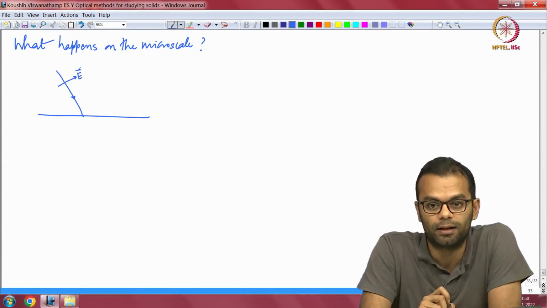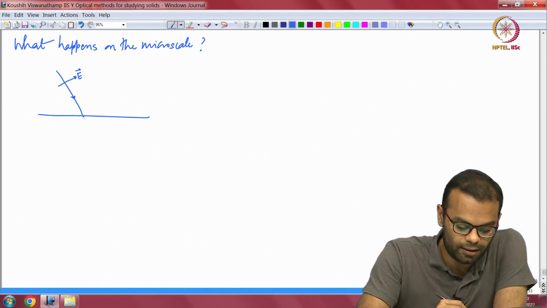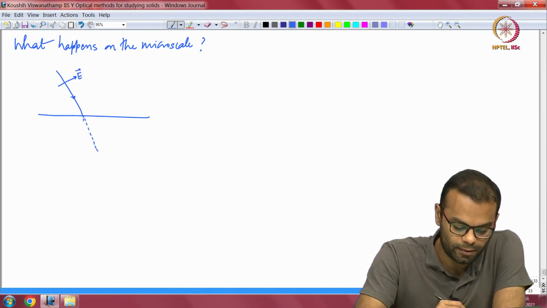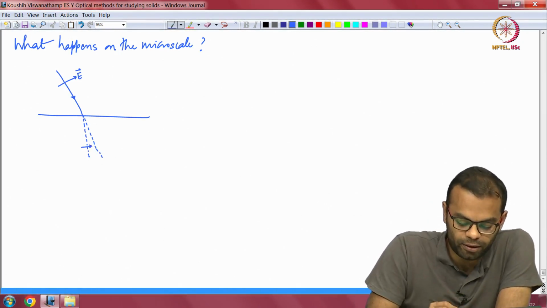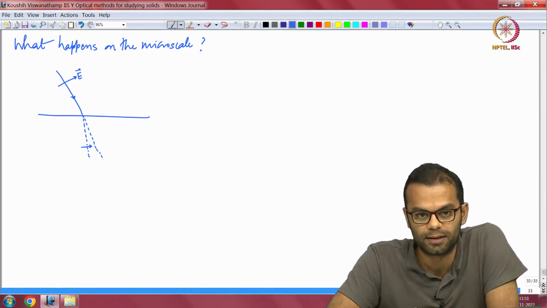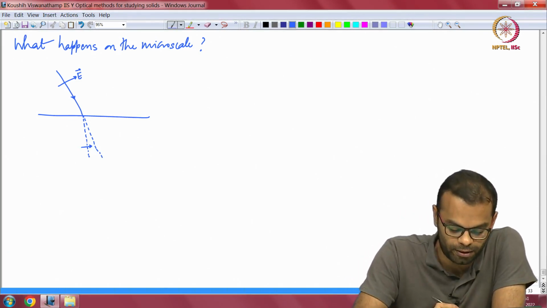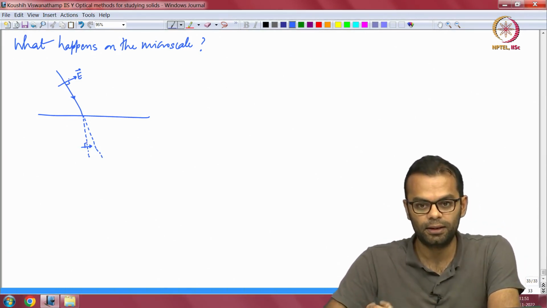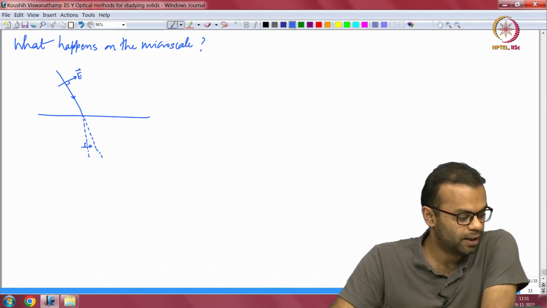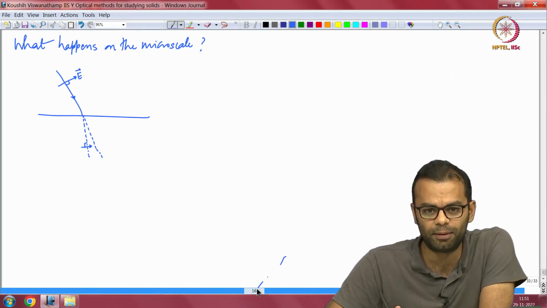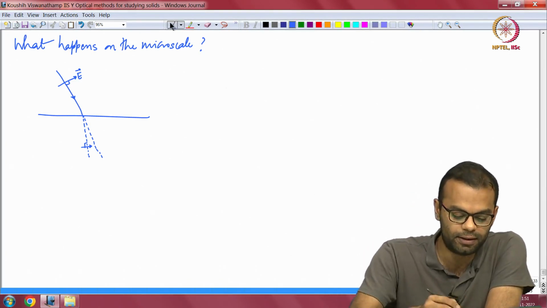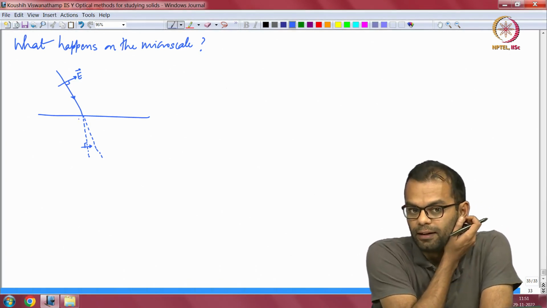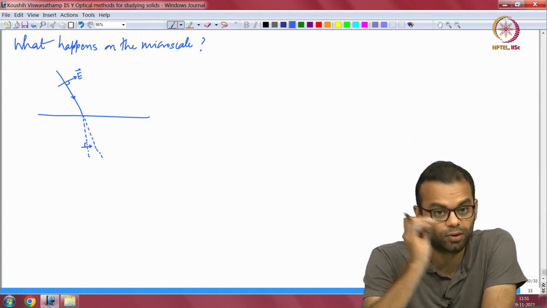So there is an E bar that comes like this, and there is a corresponding E bar perpendicular to the direction in which it travels in the glass. So this is again perpendicular to this, and this is again perpendicular to this. The E bar, remember, is always perpendicular to the direction of propagation. So you can't have the same E bar in both cases, they can't be parallel to each other, right. So that is something you want to keep in mind.